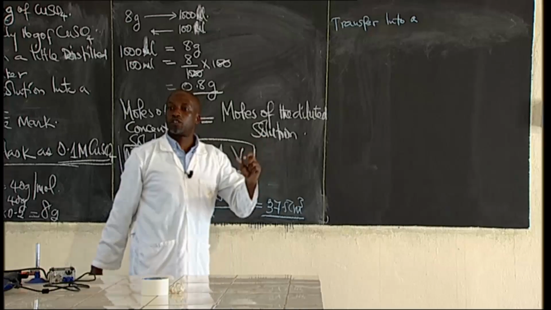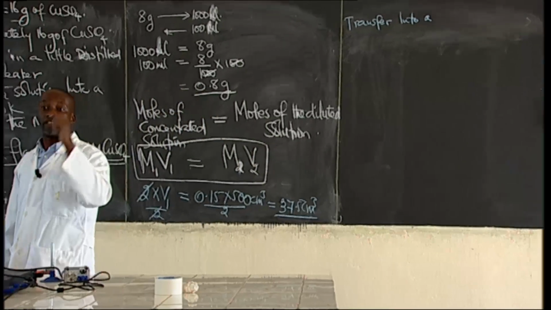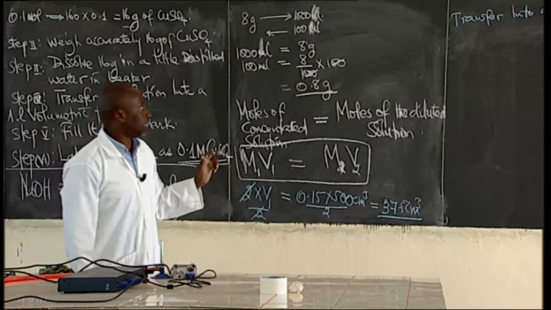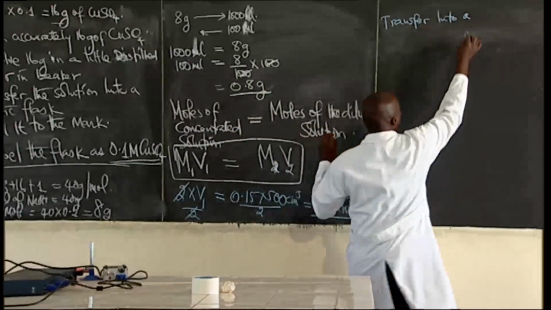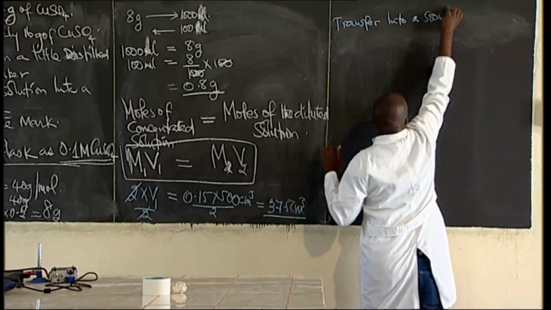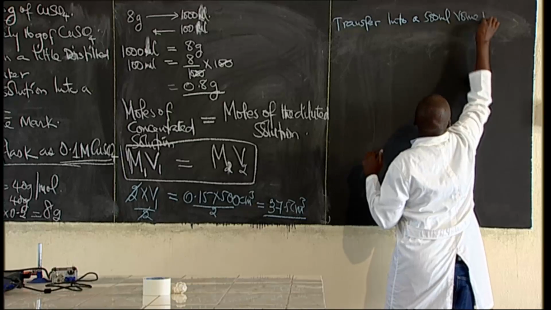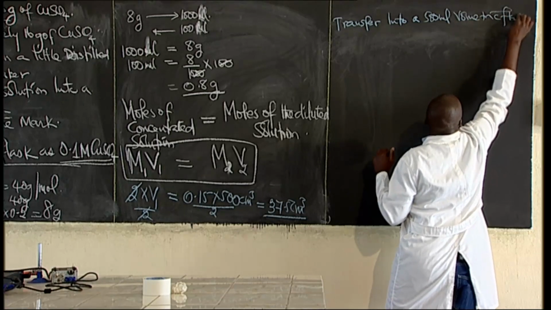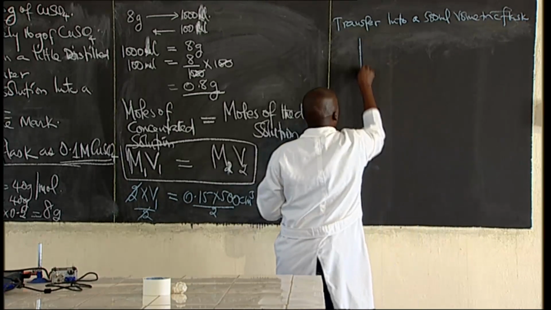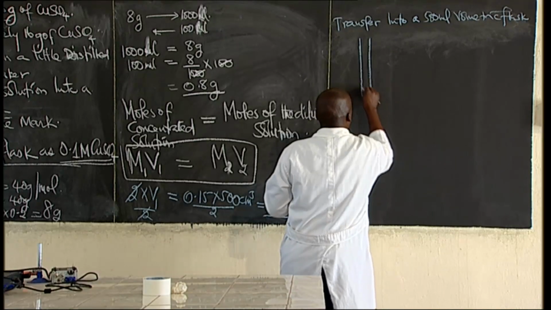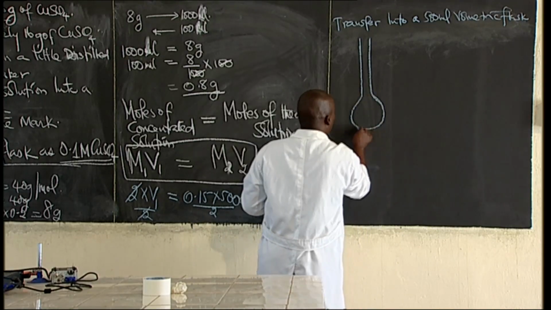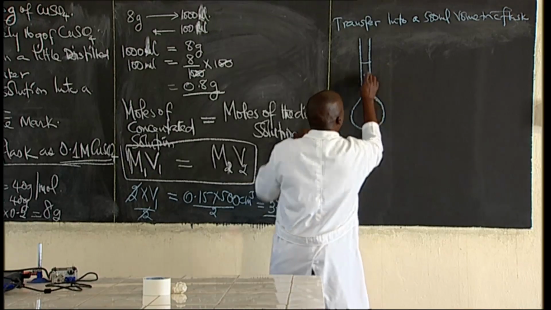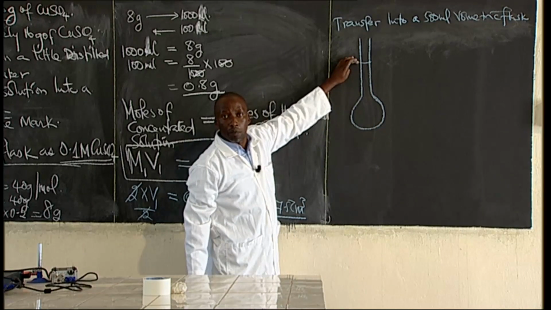Now, this volumetric flask must be 500 cubic centimeters. So into a 500 milliliter volumetric flask. The volumetric flask is something that looks like this, and this is 500, it stops here on this mark.